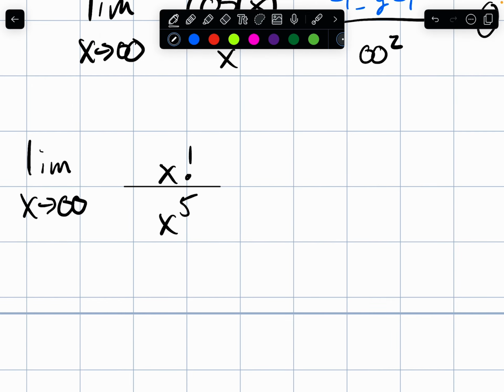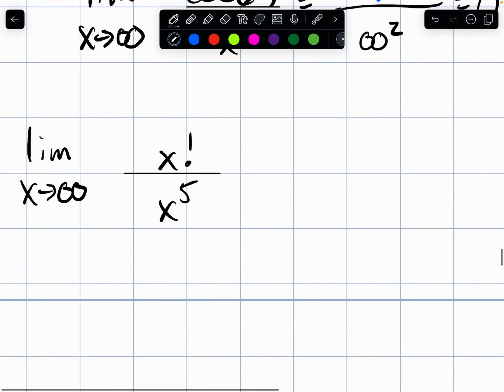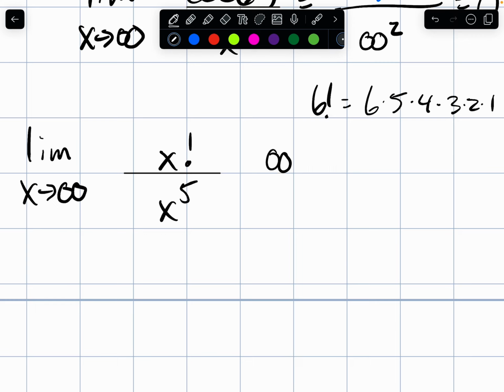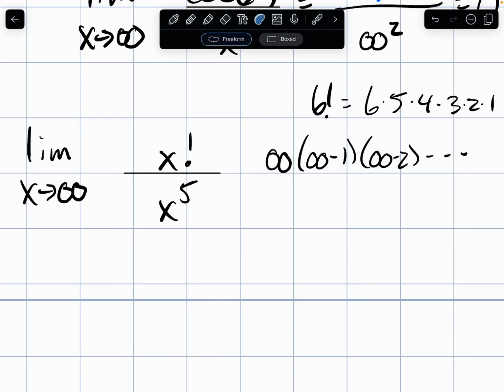Now we get into some fun stuff. If you guys don't remember what a factorial is, if I have 6 factorial, that equals 6 times 5 times 4 times 3 times 2 times 1. So if I have x factorial and that x is infinity, this is like infinity times infinity minus 1 times infinity minus 2, infinitely many times.